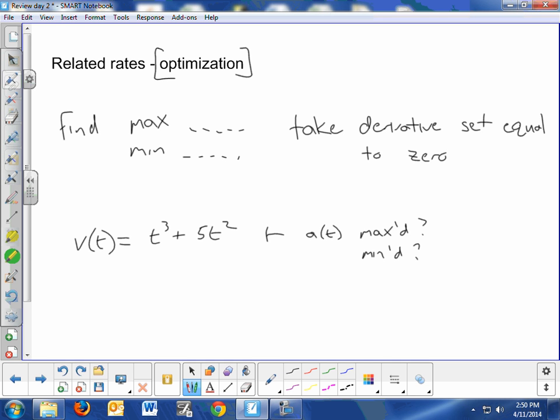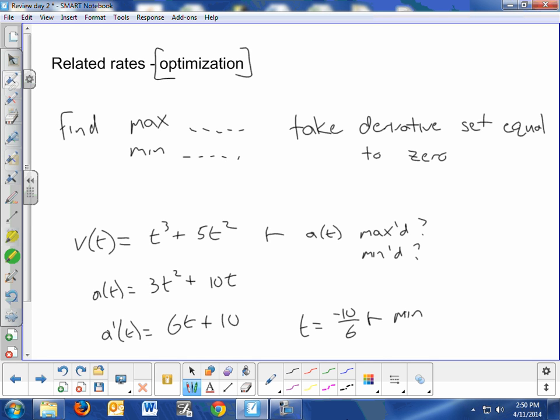Because that will tell us when we have a max or a min acceleration. At that location, there will be a minimum.